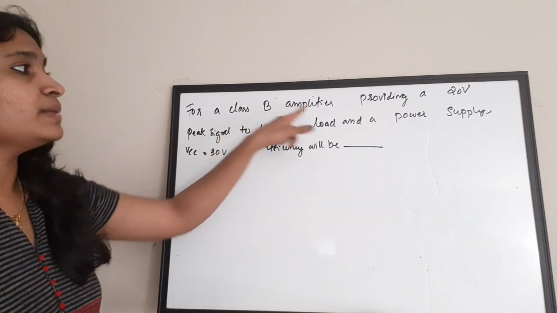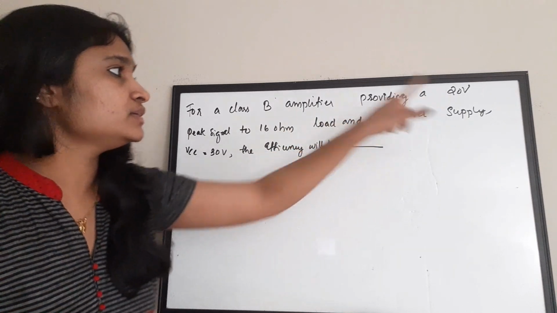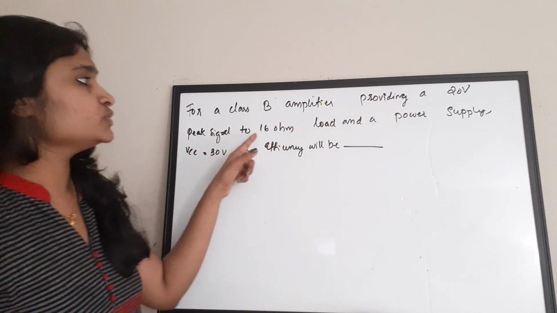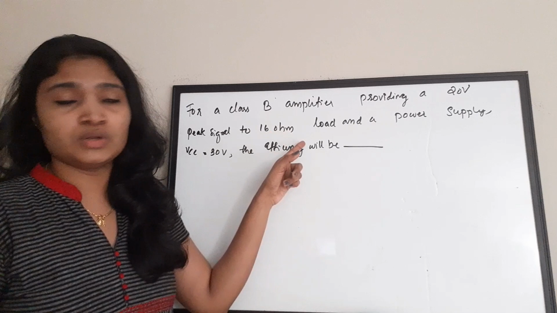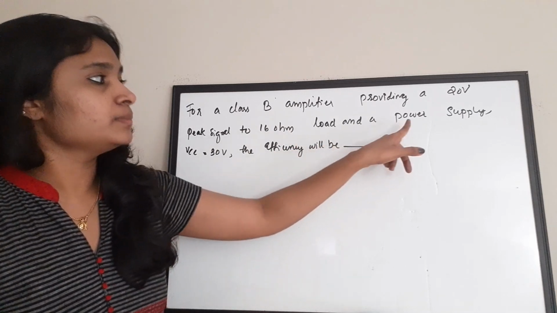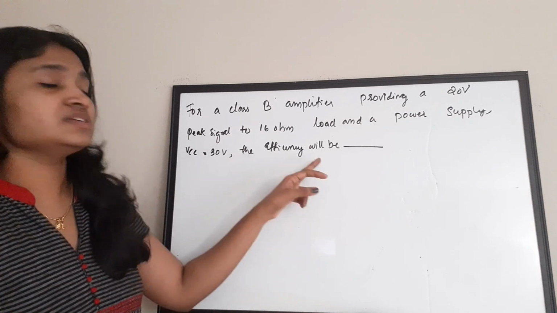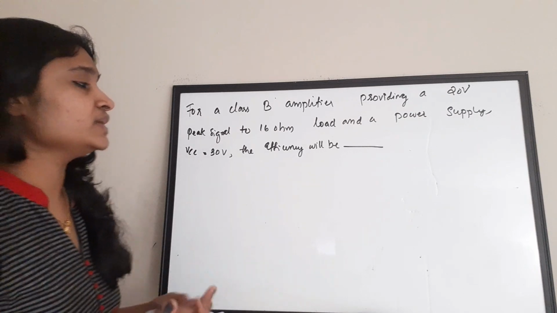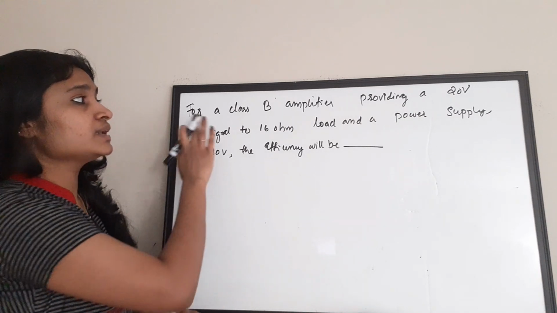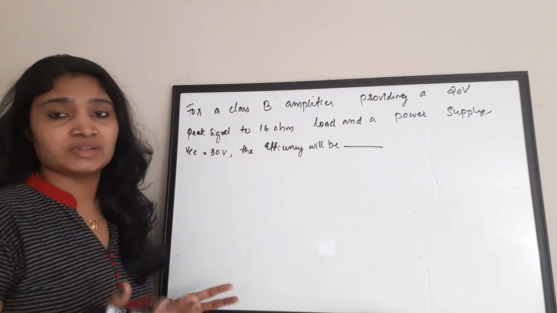For a class B amplifier providing a 20 volt peak signal to a 16 ohm load and a power supply VCC equal to 30 volt, the efficiency will be dash. So we need to find the efficiency of this class B amplifier.